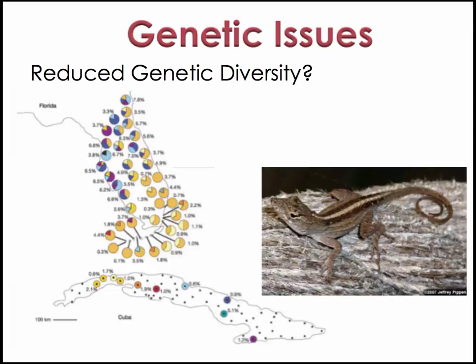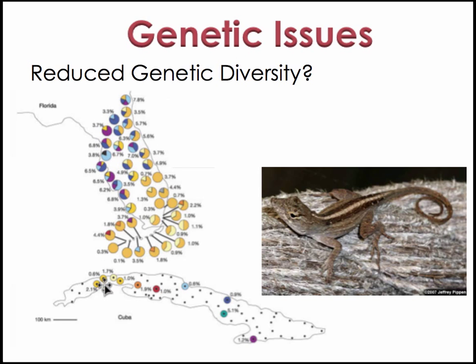So an example of this is the brown anole, which was introduced from Cuba to Florida. And here you can see these pie charts again, which represent the different allele variations of the genetic markers. And you can see when you look at these populations, they have more than one color. And so they actually have many different alleles represented in them.